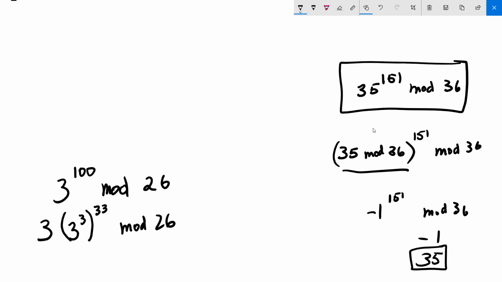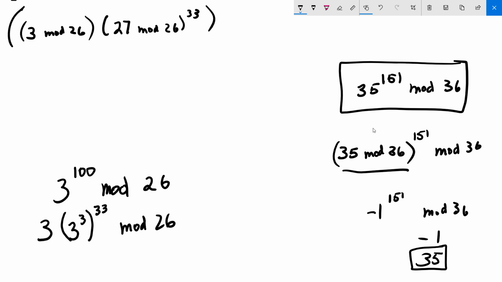The substitution rule says that I can say that's equal to 3 mod 26 times 27 mod 26 to the 3rd power, to the 33rd power, all taken mod 26.